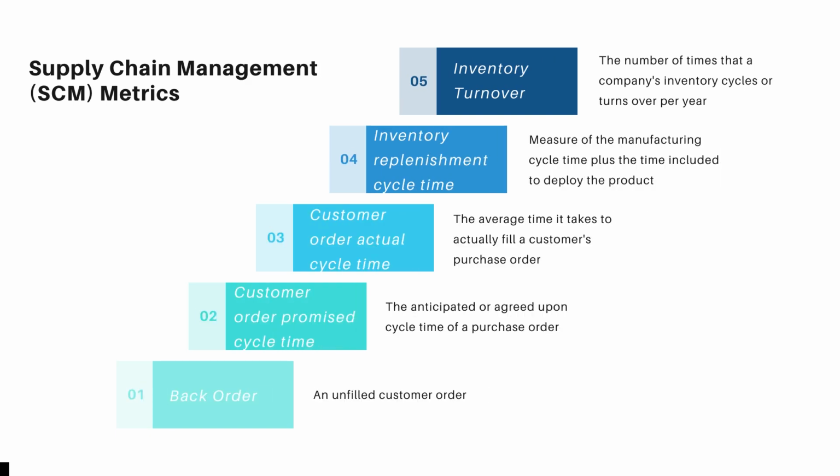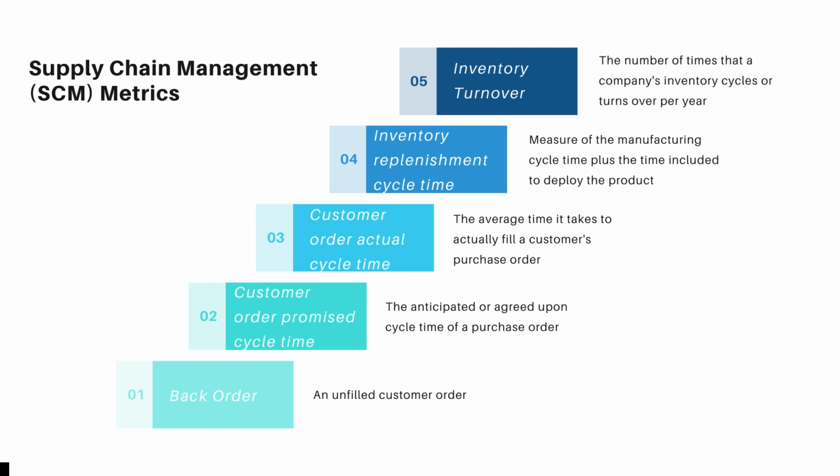Supply chain management SCM metrics. We have back order. A back order is an unfilled customer order. Customer order promised cycle time, the anticipated or agreed upon cycle time of a purchase order. Next, customer order actual cycle time, the average time it takes to actually fill a customer's purchase order.